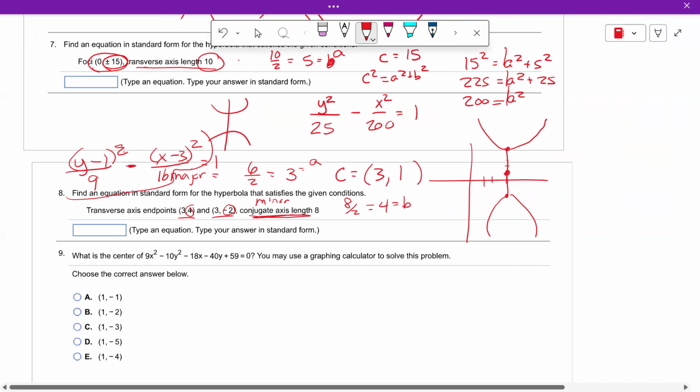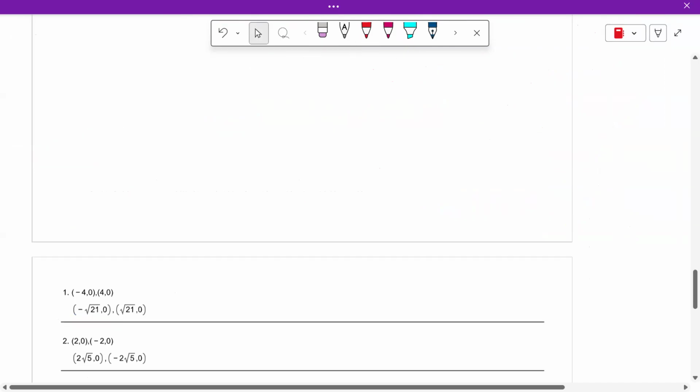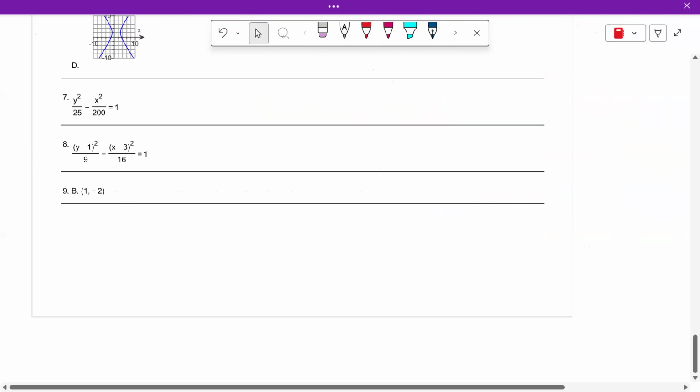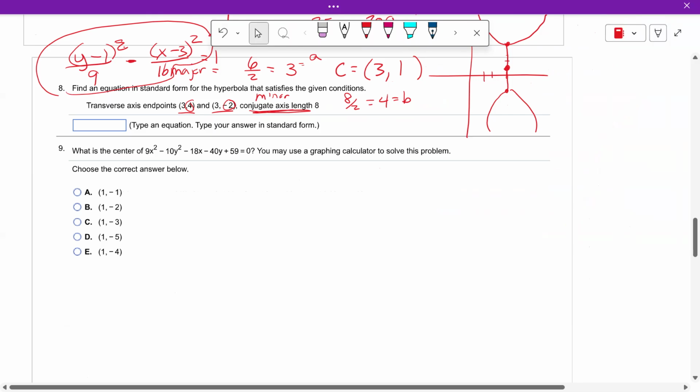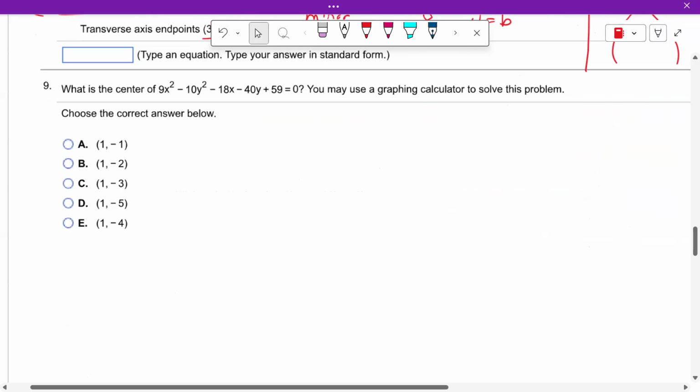So it should be y minus 1 squared over 9, minus x minus 3 squared over 16, equals 1. Okay, the last one is completing the square.